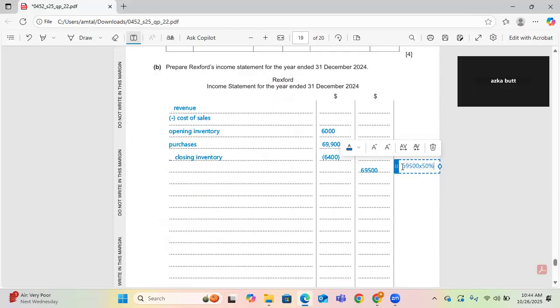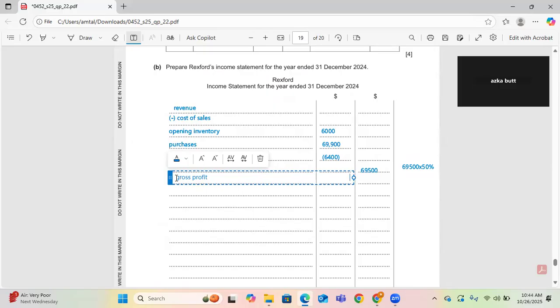So 69,500 multiplied by 50 divided by 100 is equal to 34,750. Okay, so let's write the gross profit here. 34,750. That is the gross profit.